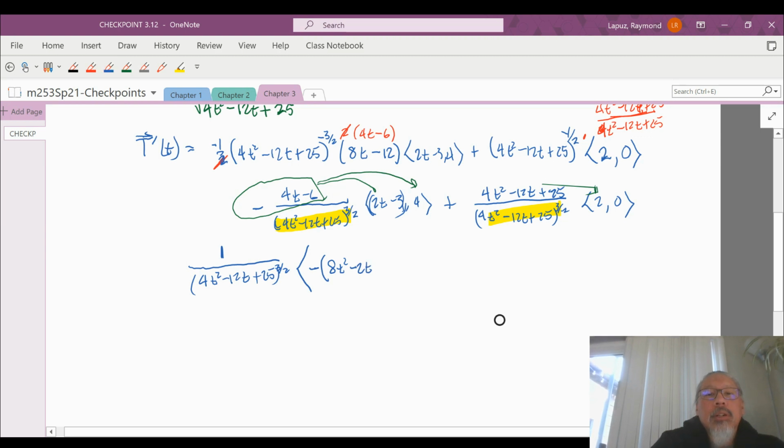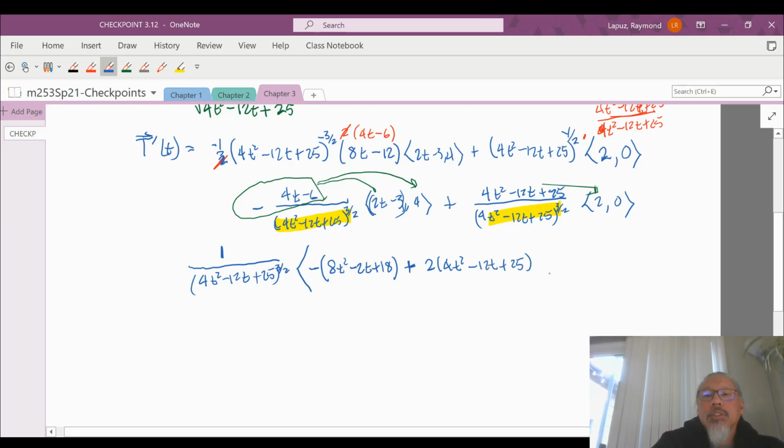That's our middle term, and our last term is going to be positive 18. And there's a negative sign, which I'm keeping out there for now, and then we'll add to that plus this thing, which is 2 times 4t squared minus 12t plus 25.